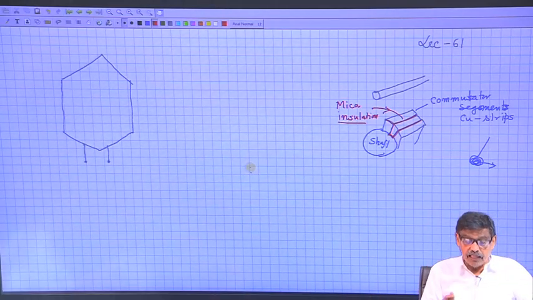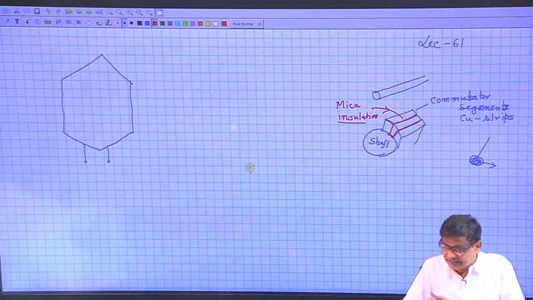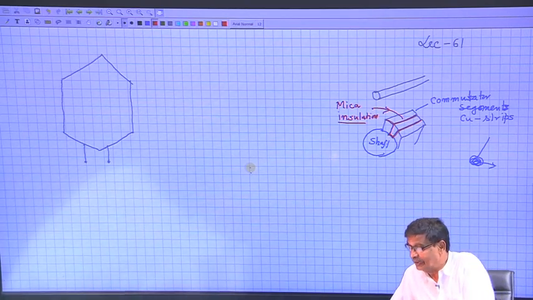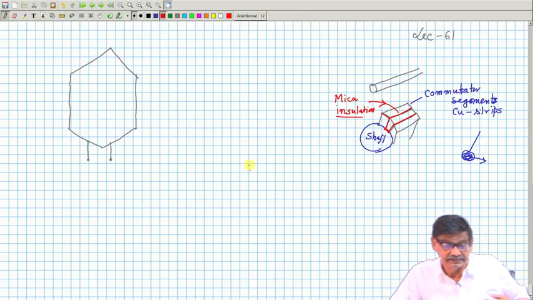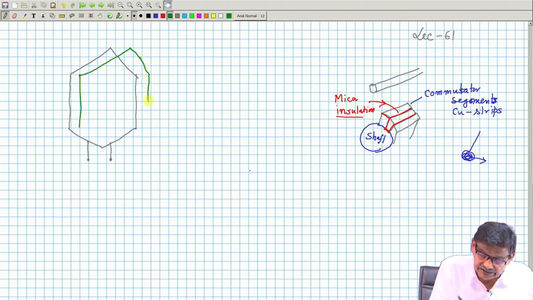Okay. So, this is one coil. Then there is another coil like this; I will draw the second coil with a different color. The second coil will be in the next slot. It will start from here and return from the next slot like this.